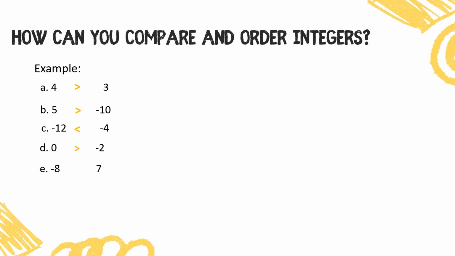Next, minus 8 and 7, which is greater? Excellent. Of course, 7 is greater than minus 8. Next, minus 3 and minus 7, which is greater? Minus 3 is greater than minus 7 because it is what? It is further to the right. Excellent.